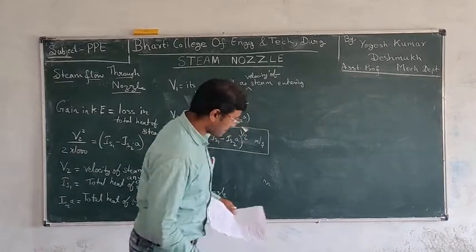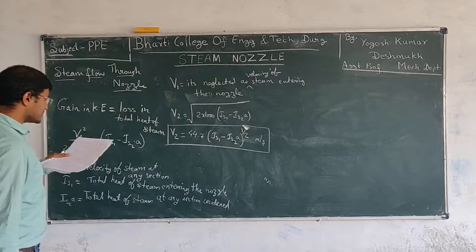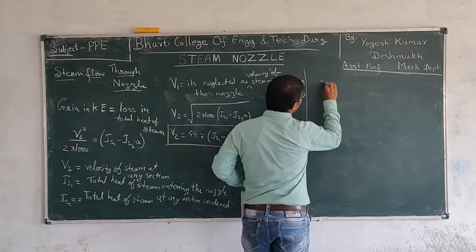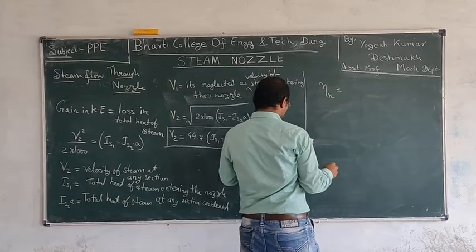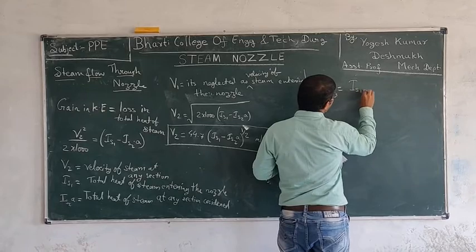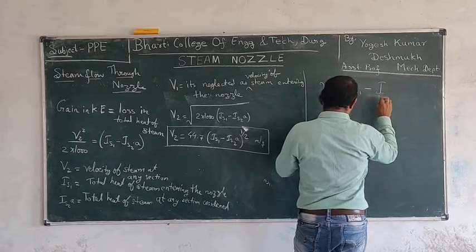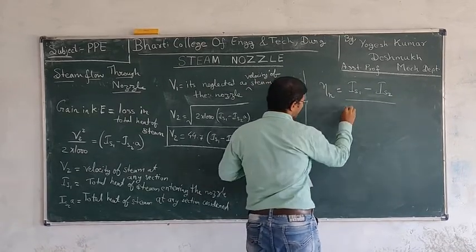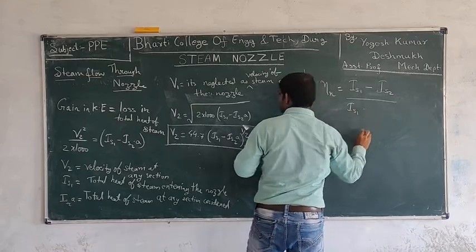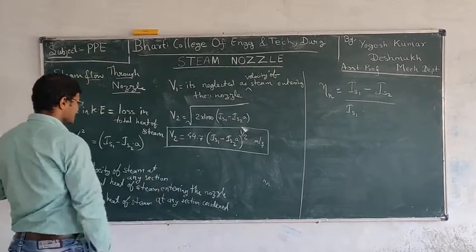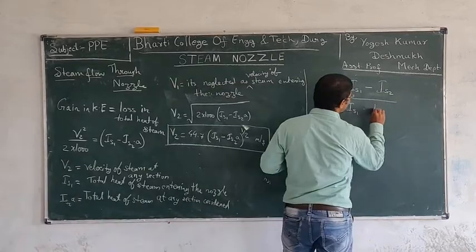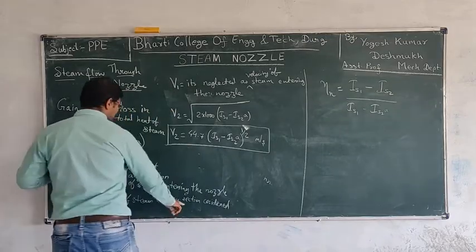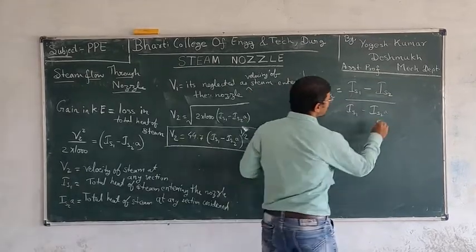Now, how will we get the nozzle efficiency? Nozzle efficiency is calculated by the inlet heat minus the heat at any section, upon the inlet heat minus the outlet heat.